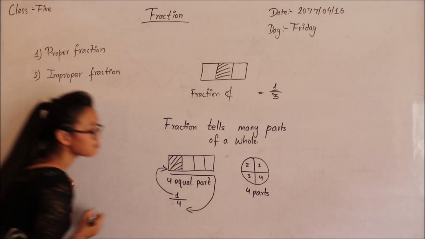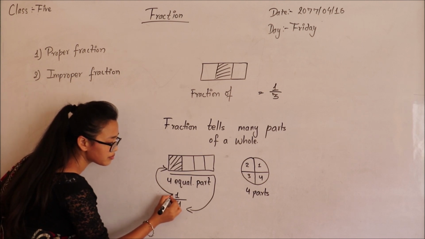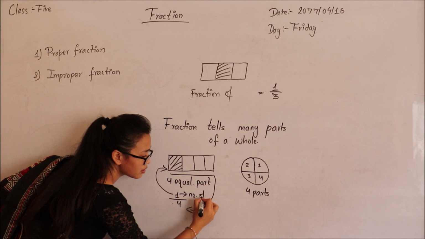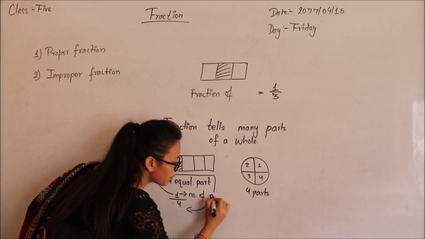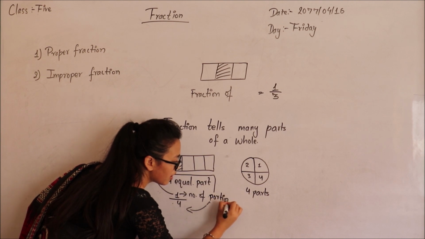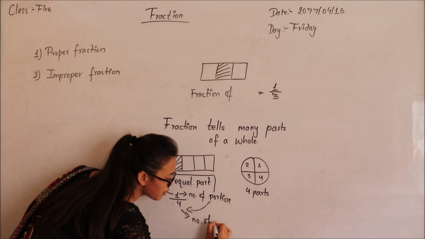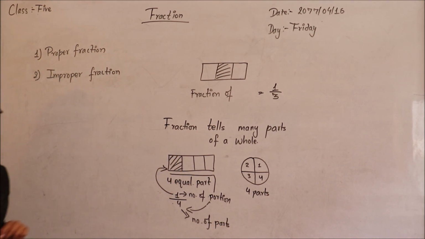So what is this? Number of portion, and this is the number of parts, or you can say number of total parts.